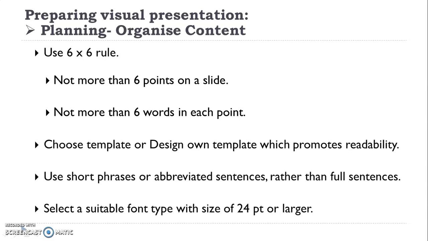Now you have to choose a template or design your own template which promotes readability of your content in a better way. You have to use short phrases or abbreviated sentences rather than full sentences. You need to select a suitable font type, with a size of 24 points or larger recommended.